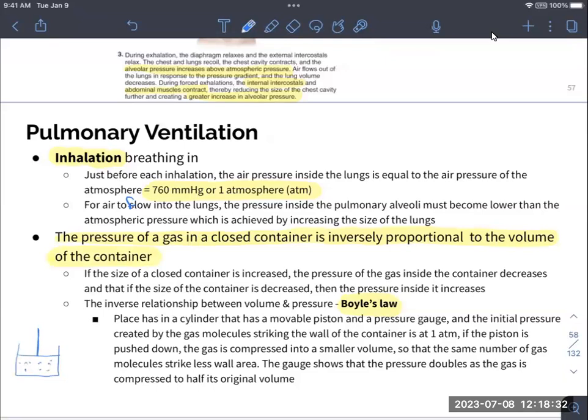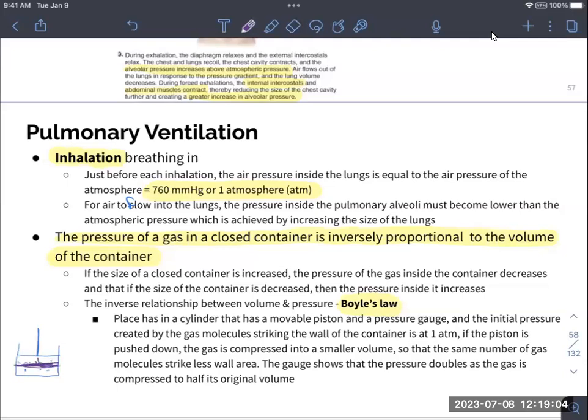If we were to push this down, pushing all of these air particles below this new purple line, the volume would get smaller and the pressure gets higher.